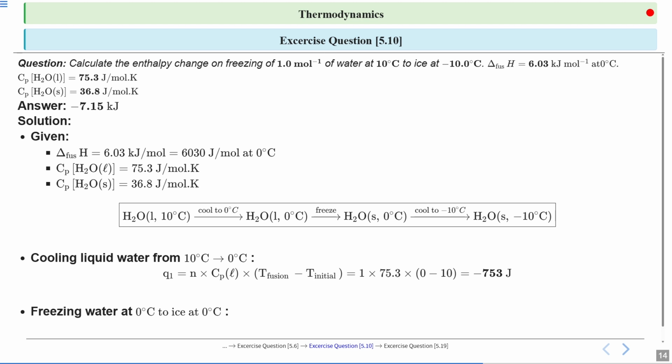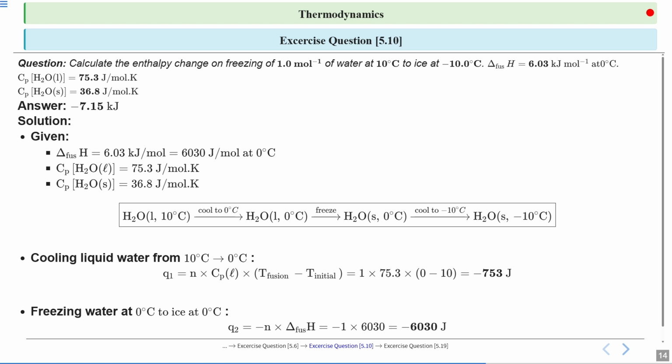What is the next situation that we will carry out? We will see the phase transition. Now for the phase transition, it's very simple. You just have to multiply with n. Why am I saying it? Because we already have the value for the fusion case, and it is per mole. The only thing that we have done is converting the kilojoule to joule.